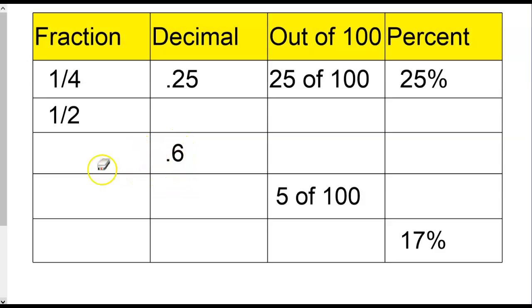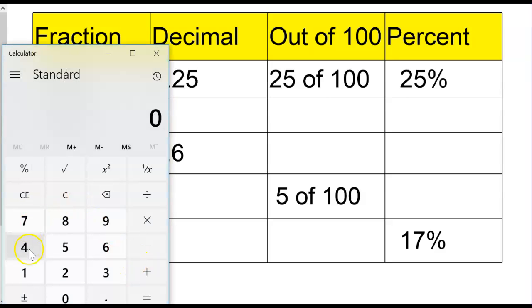So let's go ahead and look at 1/2. If we want to change from a fraction to a decimal, and out of 100 and a percent, let's see, if we say 1/2, or 1 divided by 2, I'm sure all of you have this already, you probably filled this chart out by now even, so that is 0.5.